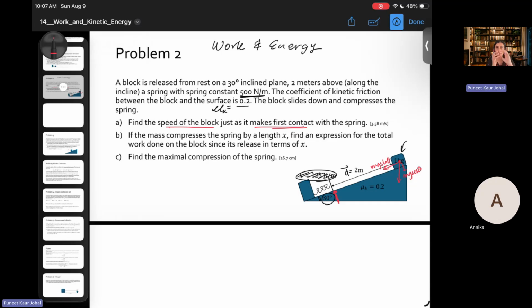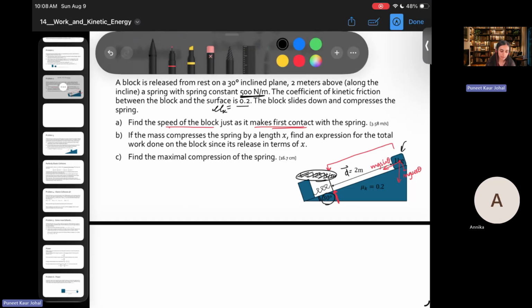So think about kinetic energy. If you could convert the amount of work done for the box to move from here to here, that work should be equal to its kinetic energy, and kinetic energy is half mv squared, so we can easily find v from there. Does that logic make sense?